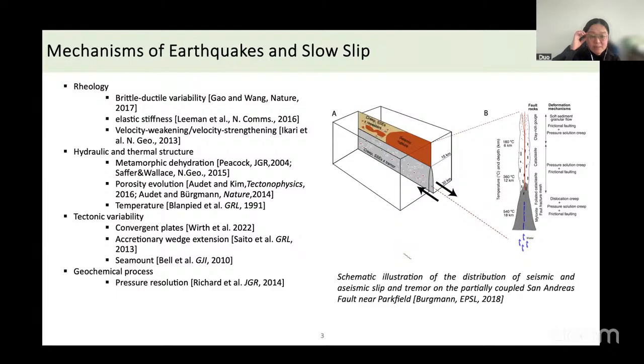So that is the slip and observation related to subduction deformation, and there are already some models, some physical explanations for this heterogeneous distribution on the subduction. The figure on the right is another schematic illustration of the very complex fault zone structure. Many factors can contribute to or dominate the deformation along the fault.